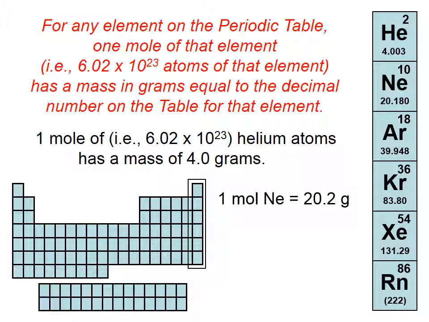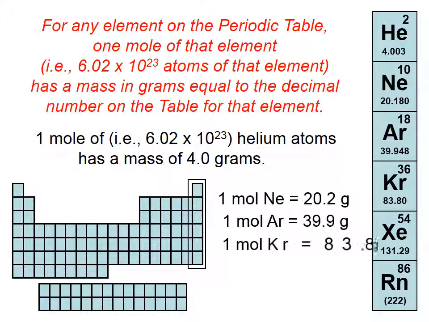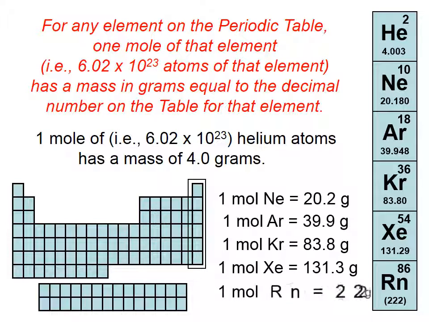Again, you can round to the hundredths if you want, but usually when I take molar masses off the periodic table, I round them to the 10th place. 6.02 times 10 to the 23rd neon atoms have a total mass of 20.2 grams. For argon, 39.9, krypton, 83.8, xenon, 131.3, and radon, about 222. So that number becomes very important later on in chemistry.